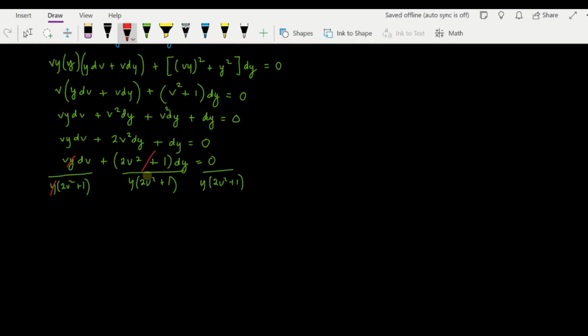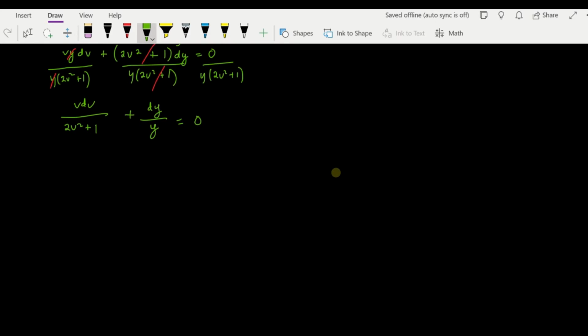Dito, makakancel ito. Okay? So, kaya magiging v dv all over 2v squared plus 1 plus dy over y equals 0. So, separable na siya. Makikita mo, lahat ng v magkakasama, then lahat ng y magkakasama na yan. Then, integrate na natin.